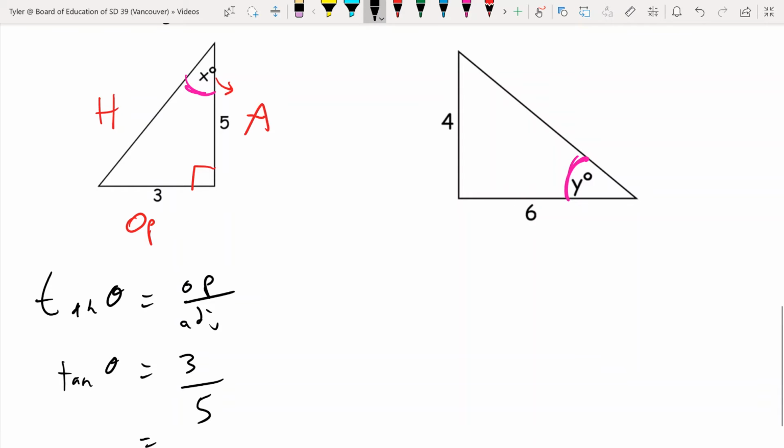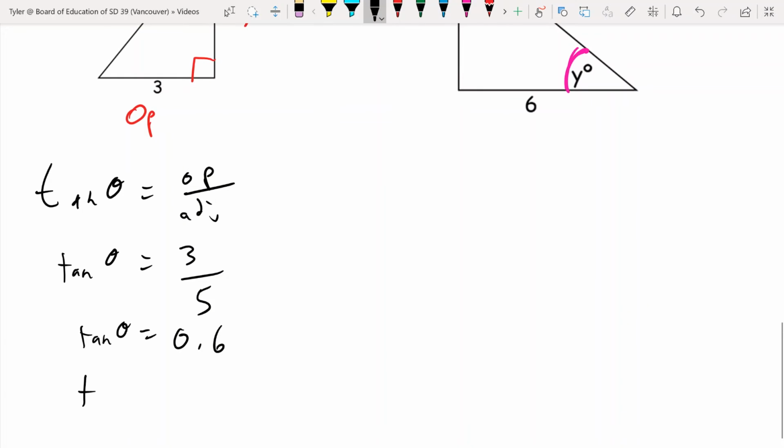When I do that on my calculator, you get 0.6. Then I'm going to write theta is equal to inverse tan 0.6, and that will give me my answer. For me, it gave about 31 degrees.